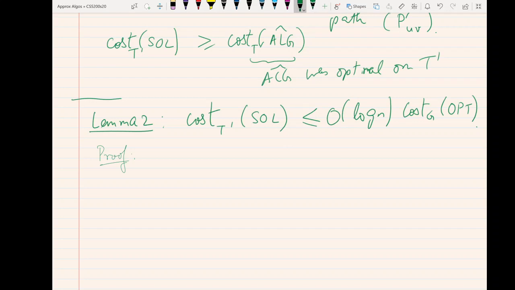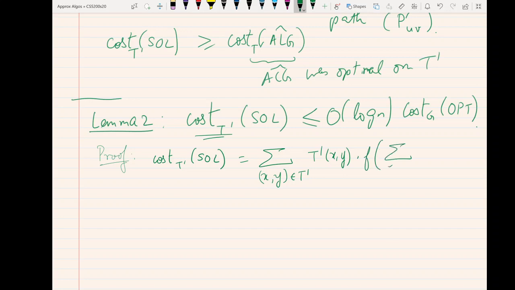Okay, so to prove this, the first thing is to write down the cost T prime of sol explicitly. Okay, and to do this, just recall how we translated from the optimal solution in the graph. So by definition, almost, this is for every xy which is an edge of T prime. This is T prime of xy times, and over here, how much do they purchase on this?